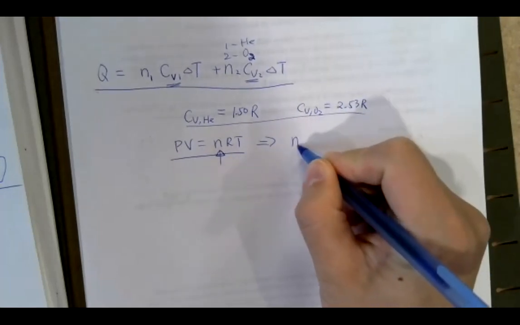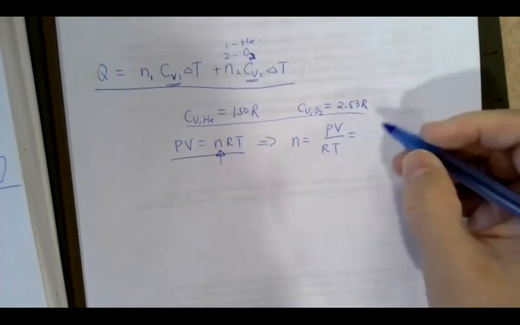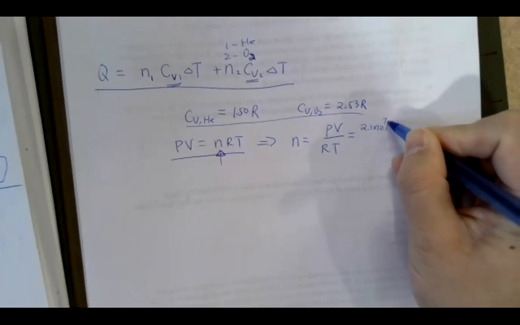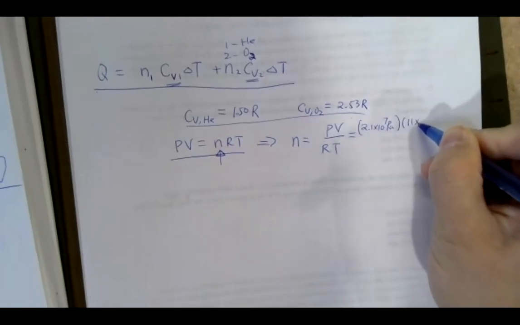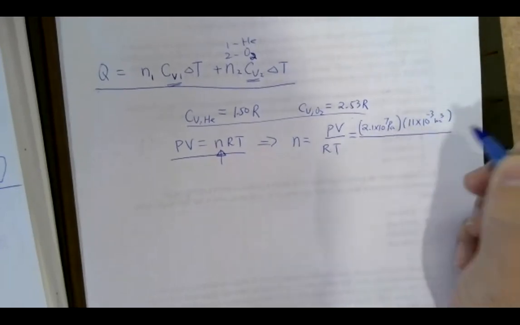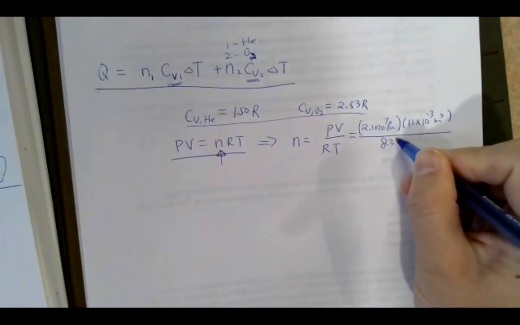So N will be equal to PV over RT. It gives us 2.1 times 10 to the 7 Pascal for P. The volume is 11 liters, so you want to convert it into meters cubed, divided by R, 8.31.